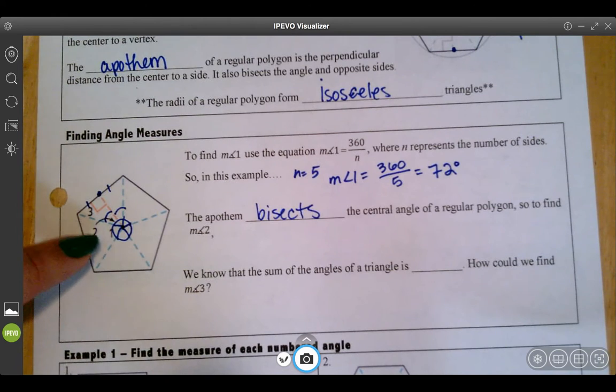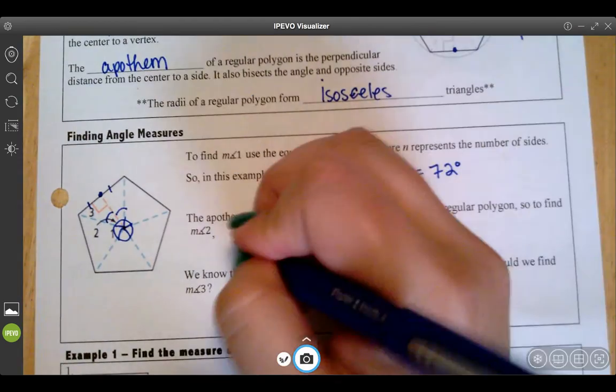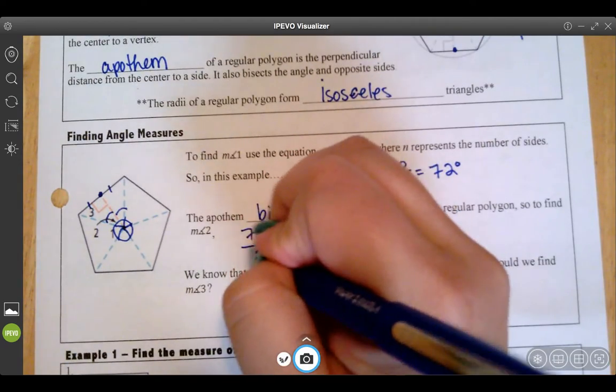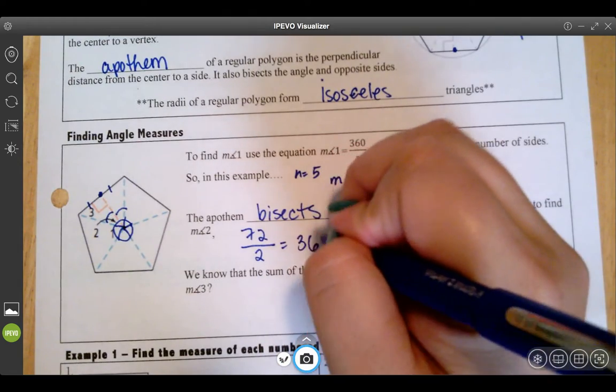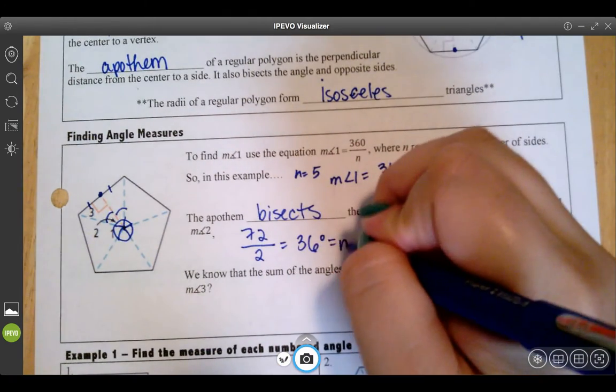So in order to find the measure of angle 2, which is this one that I've kind of drawn all over, angle 2 is the central angle between the apothem and the side here. So half of the central angle. So we would take 72 divided by 2 to get 36 degrees is the measure of angle 2.